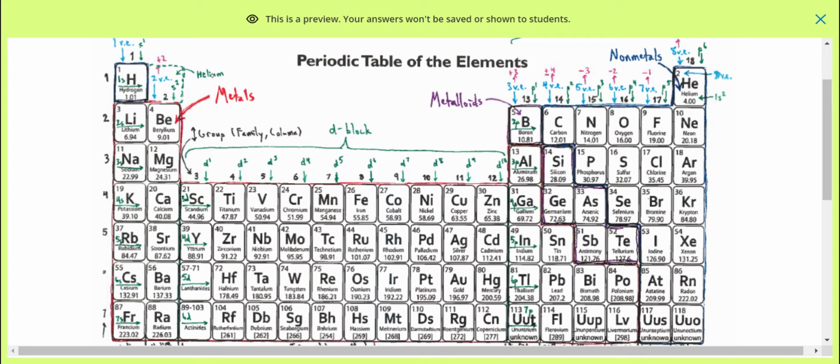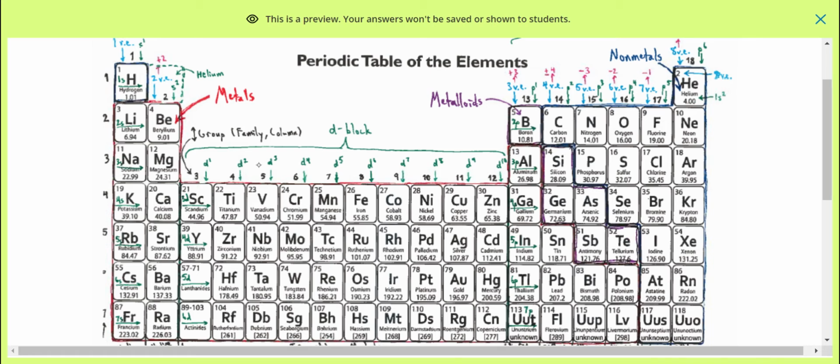So we have the first row, also called the first period or period 1. We have the second row, and these go all the way across. So lithium, beryllium, boron, carbon, nitrogen, oxygen, fluorine, neon are all part of the second row or the second period or period 2.